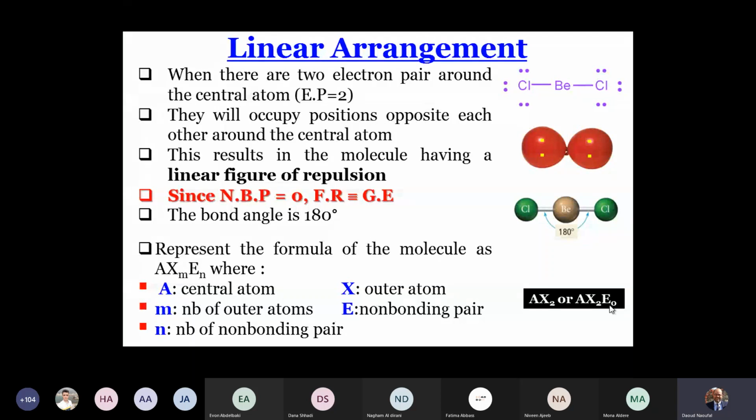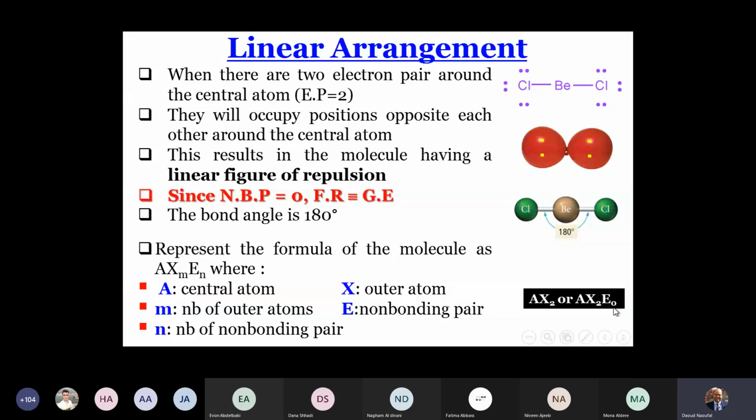Suppose they give us, for example, CO2. Should we do all this analysis? No. For CO2, I can write the Lewis structure. I have C double bond O and C double bond O, as described in the previous examples. So what is the simple molecular formula of CO2? It looks like AX2E0.